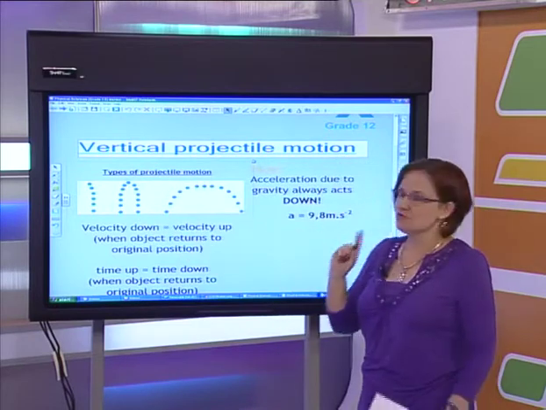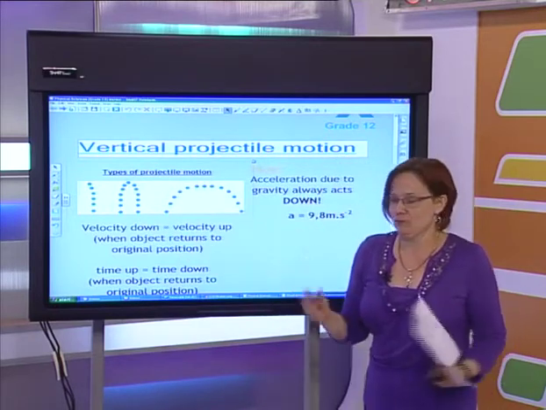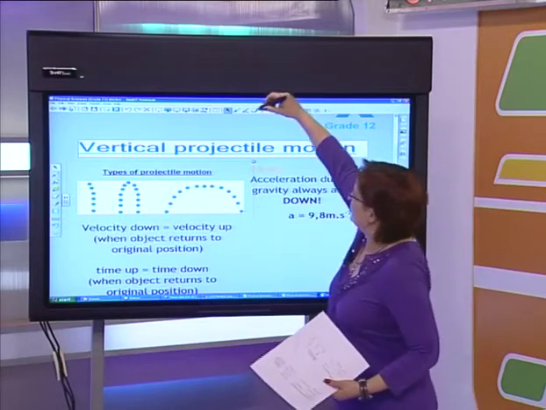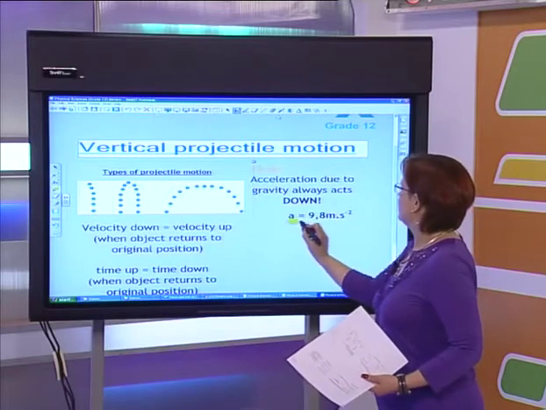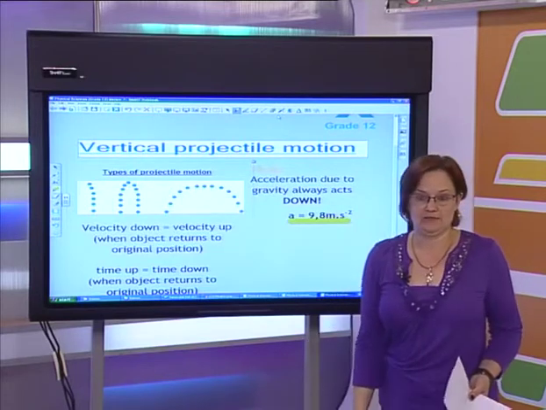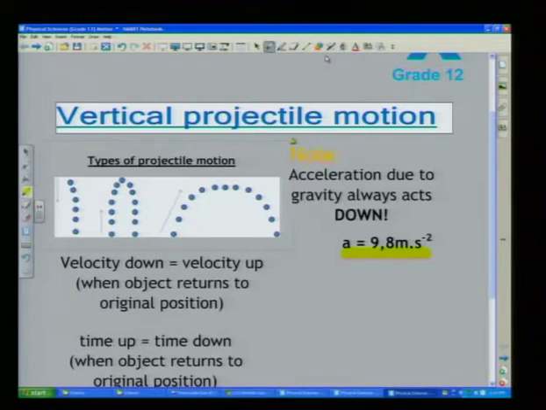What we need to remember, and I think this is the thing we forget, is that gravity, and we remember this from grade 10, is 9.8 meters per second squared. Please remember that gravity always acts down. The best way to remember that is, if you jump up, which way do you go?